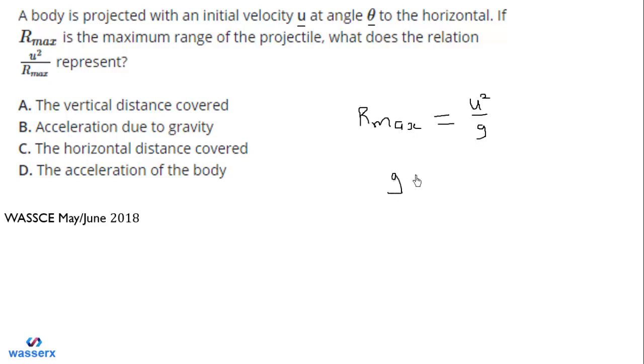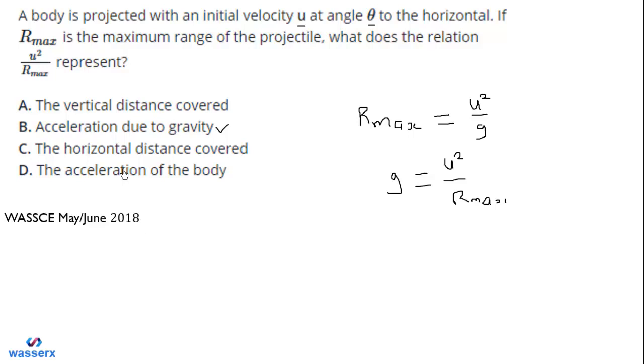Therefore, we have g is equal to u squared over R max. So this is telling us that this expression is standing for the acceleration due to gravity, because g is equal to u squared over R max. So that is WAEC May June 2018 for you.